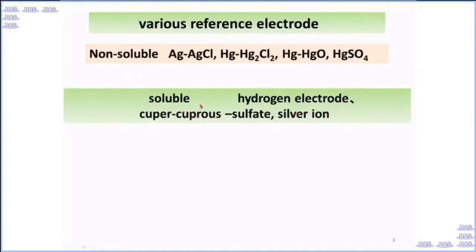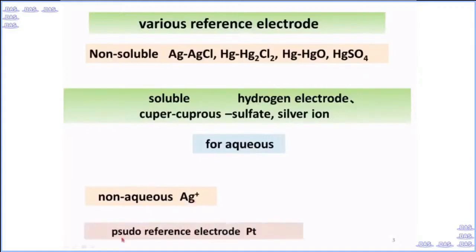This copper-cuprous sulfate is usable in the corrosion field for aqueous. For non-aqueous, it's the Ag plus electrode. Another is a pseudo reference electrode, platinum.